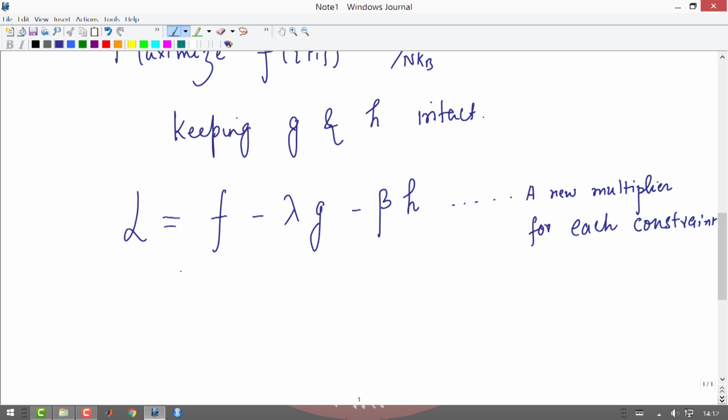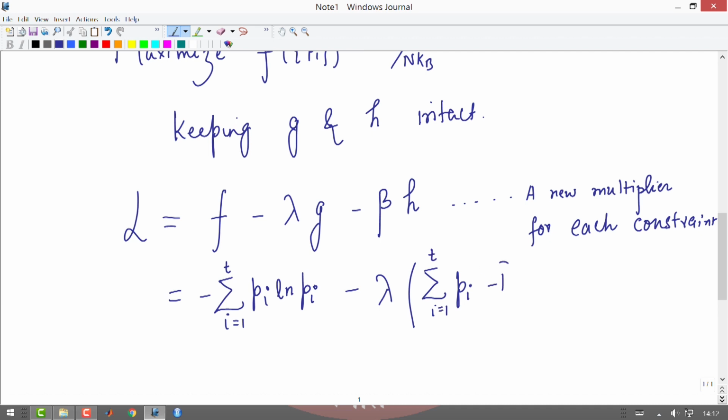So, let us put in the values of our function. f, as we know, is nothing but minus summation over all i going from 1 to t of p_i ln p_i, minus lambda times g, which is summation over all p_i minus 1, which is nothing but the conservation of norm, and the second Lagrange multiplier multiplied by the fixed value of the expectation of the outcomes.